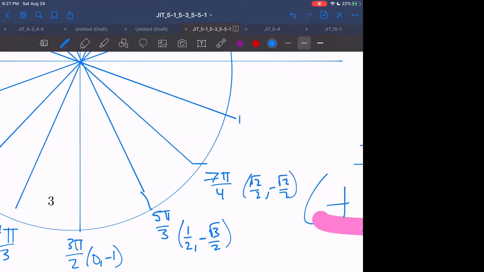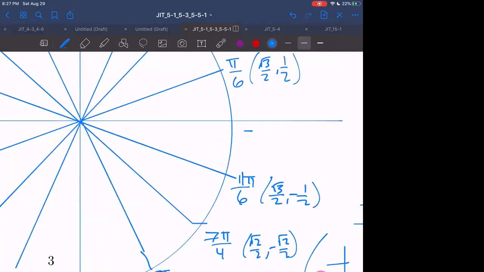And then we've got 11 pi over 6, which would be (root 3 over 2, -1/2). All right, and then lastly, we've got 2 pi. So this axis here, the x-axis, that is both 0 and 2 pi, depending on how you look at it.